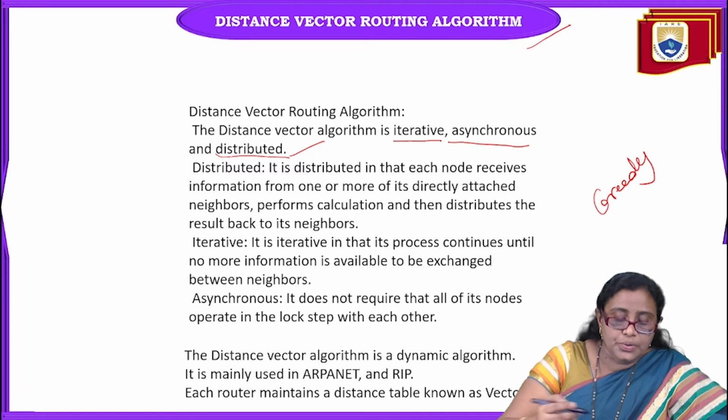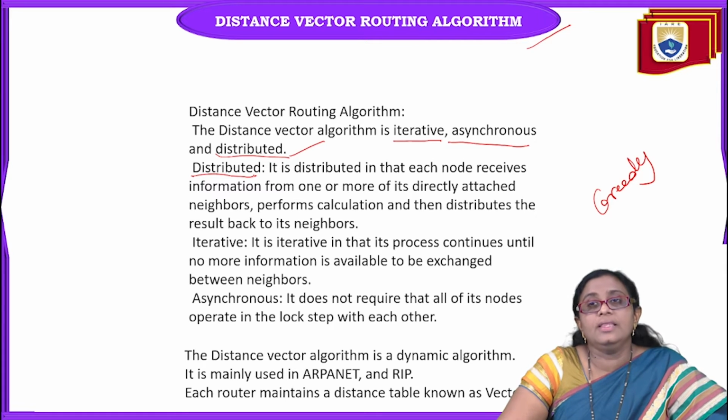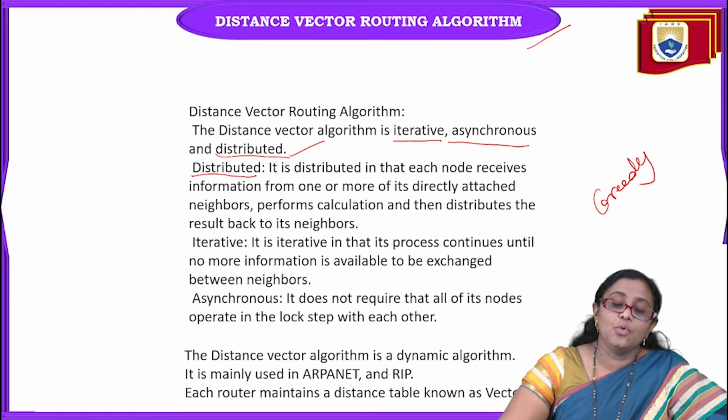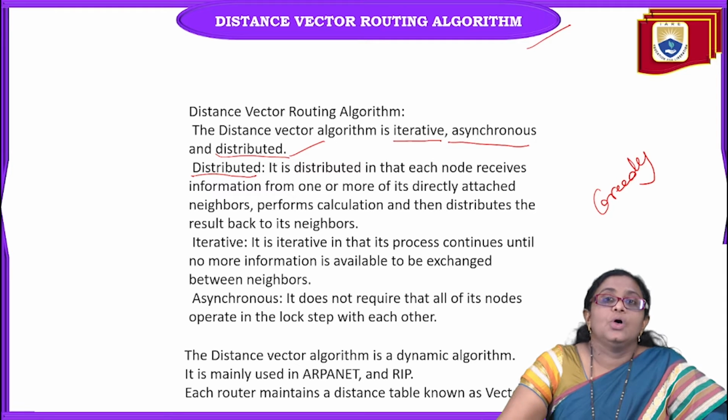What do you mean by distributed? Distributed means that each node receives information from one or more of its directly attached neighbors, performs the calculation, and then distributes the result back to the concerned neighbors of a source router.